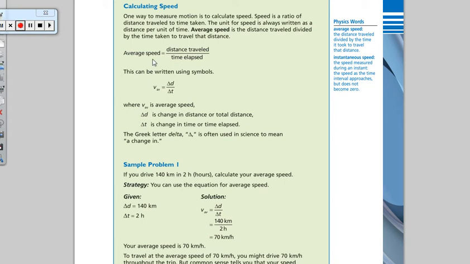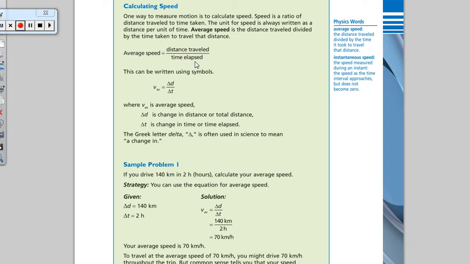So again, average speed or velocity is distance divided by time. We talked about that. Make sure you've actually watched that video in the last unit about how to calculate for velocity, because I talk about a lot of the very basics of how to calculate in science. It's going to be the same way with pretty much every single problem that we do.